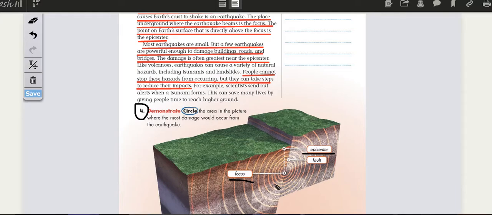Actually, the damage occurs mostly, or is greatest, near the epicenter. So here is the most damage.